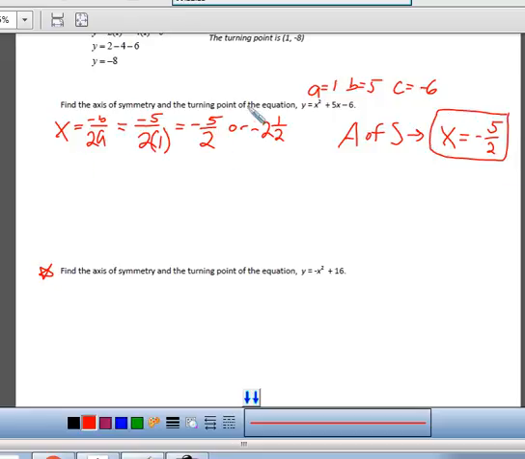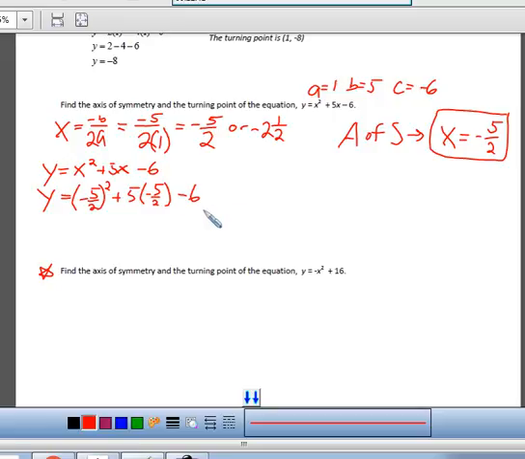Now to find the vertex, I plug this number in wherever I have an x. So y equals x squared plus 5x minus 6. So y equals, in parentheses, negative 5 over 2 squared and so on. By the way, if you don't use parentheses on your calculator, you might find your answer doesn't work out too well.